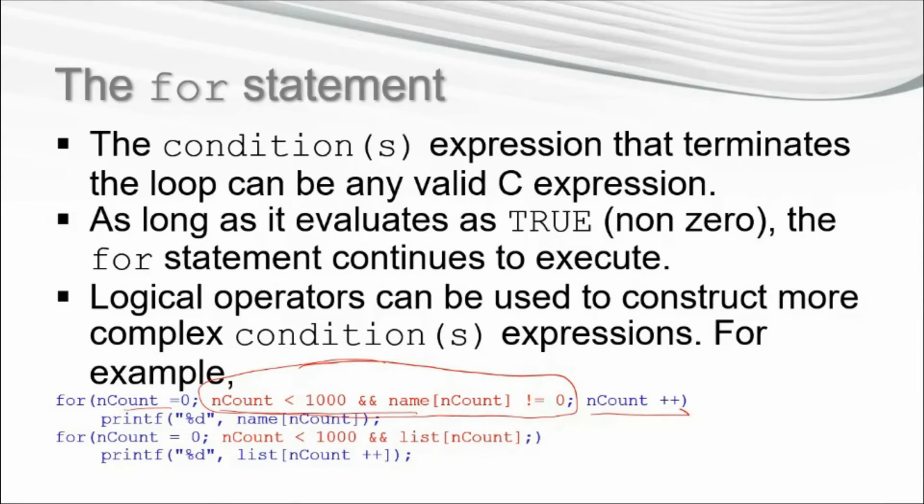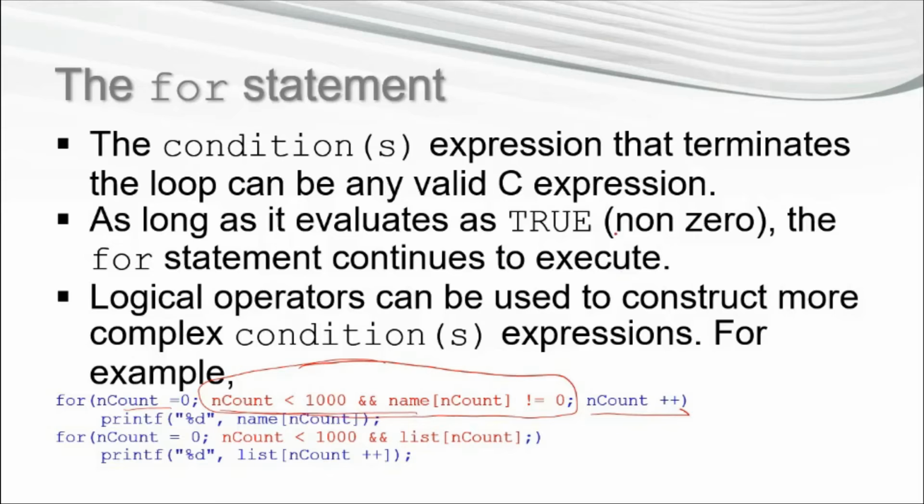The only thing is that it has to evaluate to either true or false. That is, the result of this expression should be a Boolean value, either 0 or a non-zero. It can be either true or false. So as long as it evaluates as true, that is a non-zero, the for statement continues to execute.